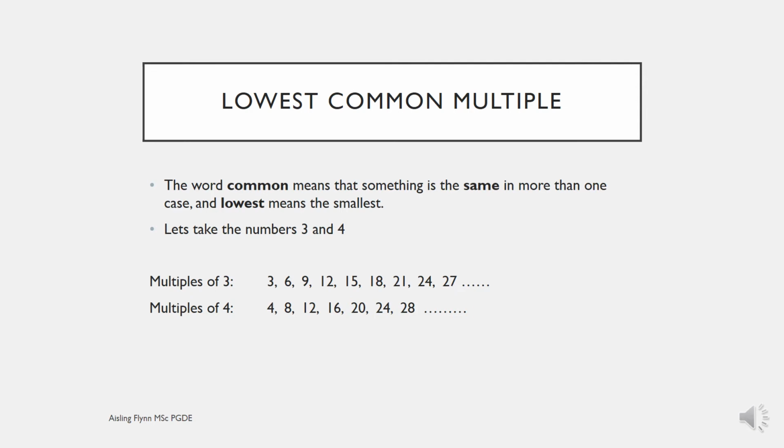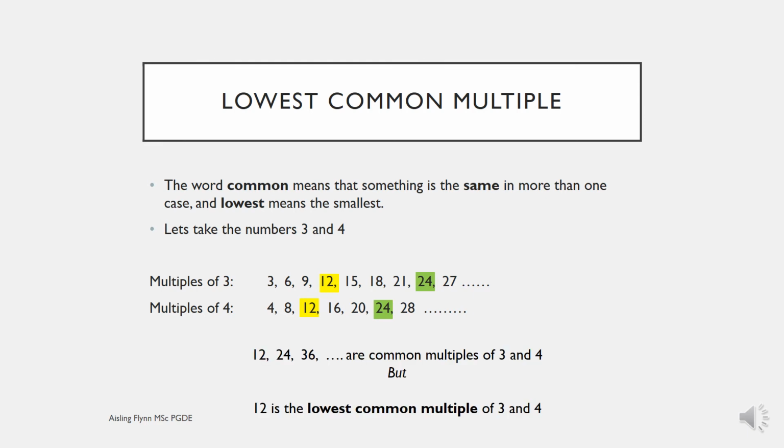Let's look at multiples that are common. So here we see 12 in the 4s list and 12 in the 3s list. So 12 is common. Also, we see that 24 is common. But which one is the lowest or the smallest?